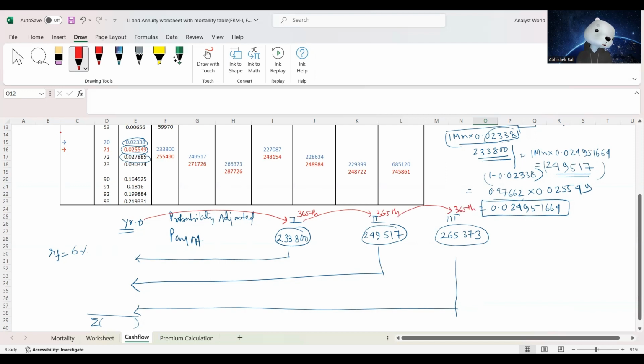Of course, when we are doing this, we are inadvertently assuming that magically this person may die on the last day of the policy itself, right? Which obviously is a little bit of a fallacy. The person may die at any point in time, and of course we do not have any control. Only God can give or take somebody's life.